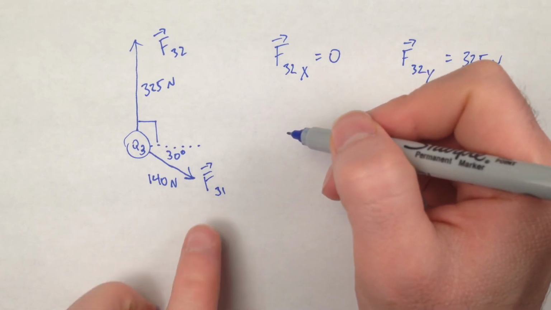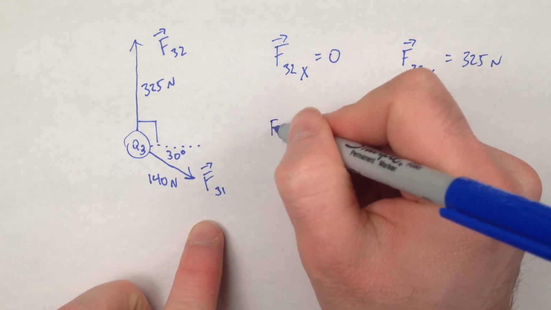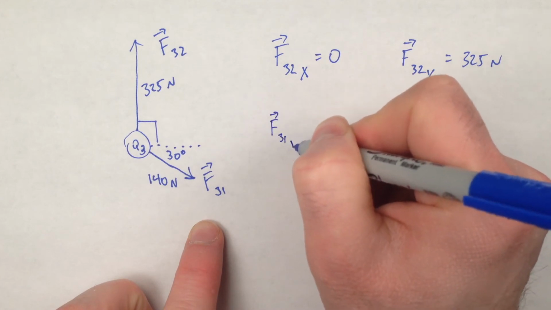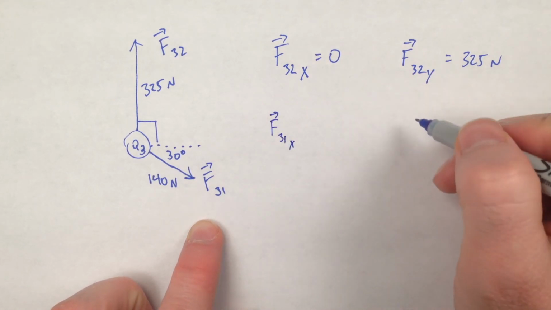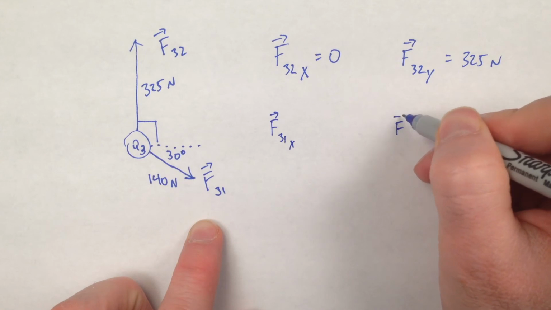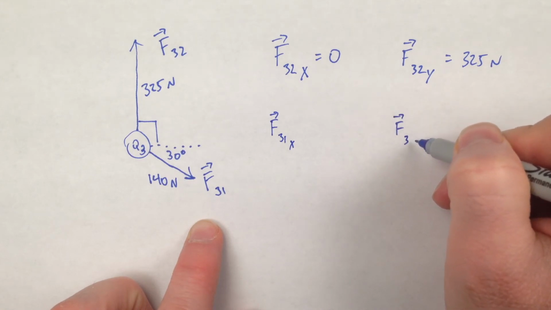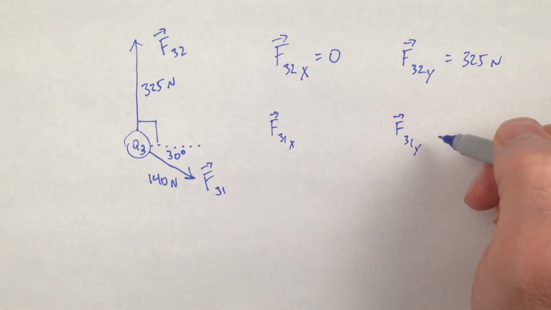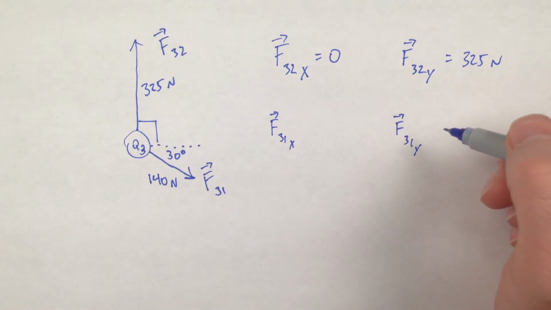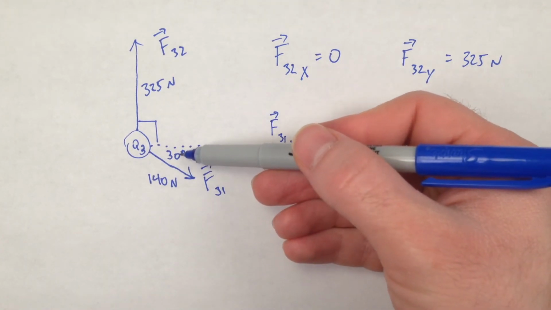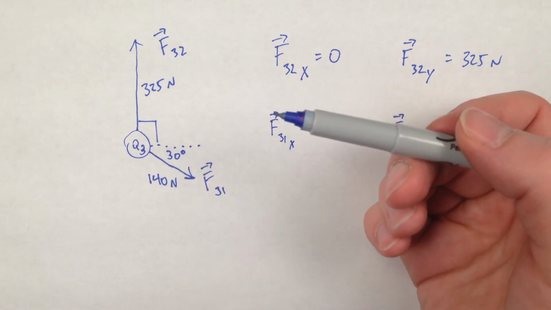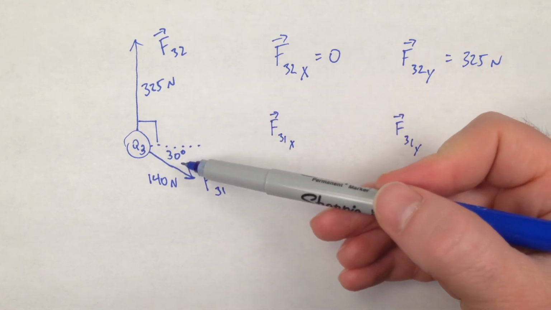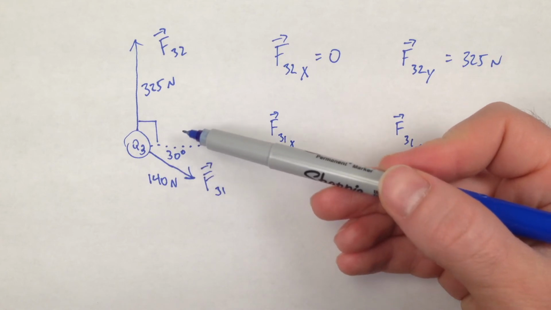Okay, let's do the other one. For this one, we need to find an X component and a Y component. Now for the X component, we would be multiplying the cosine of this angle by that magnitude. Now the cosine of negative 30 is the same as the cosine of positive 30.